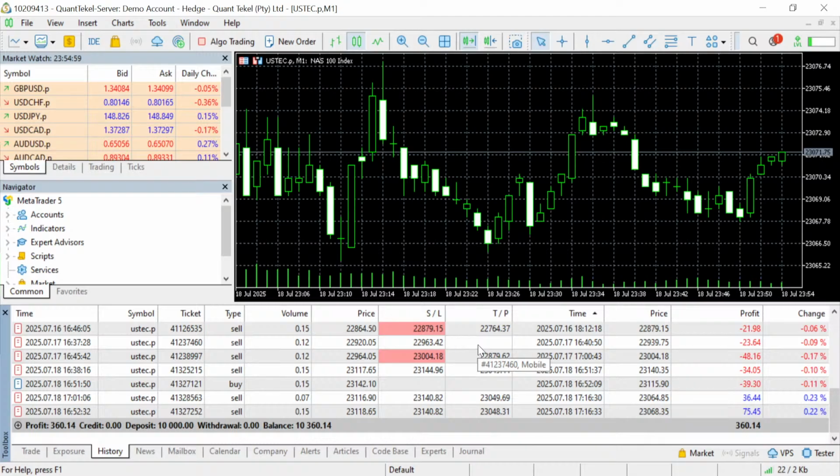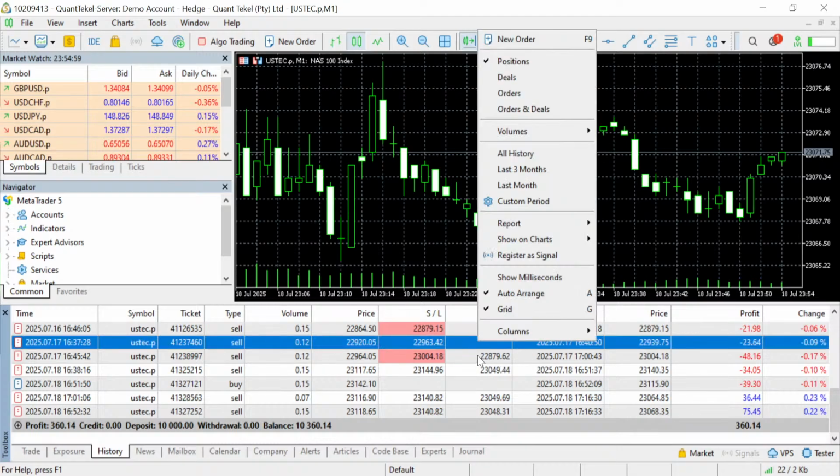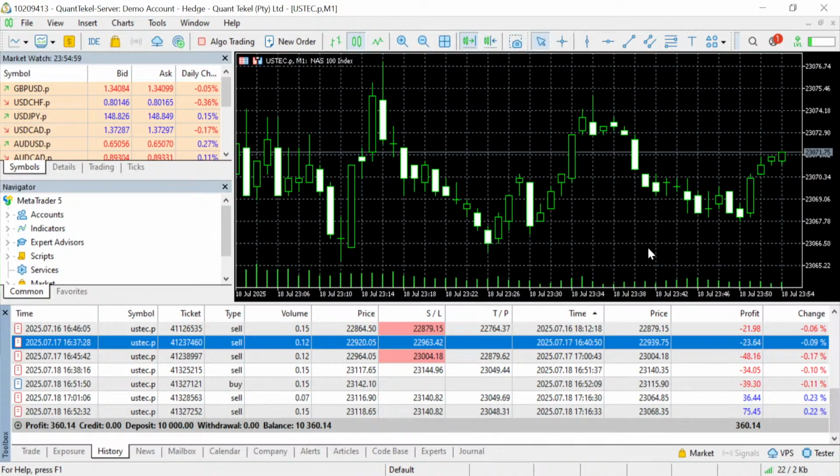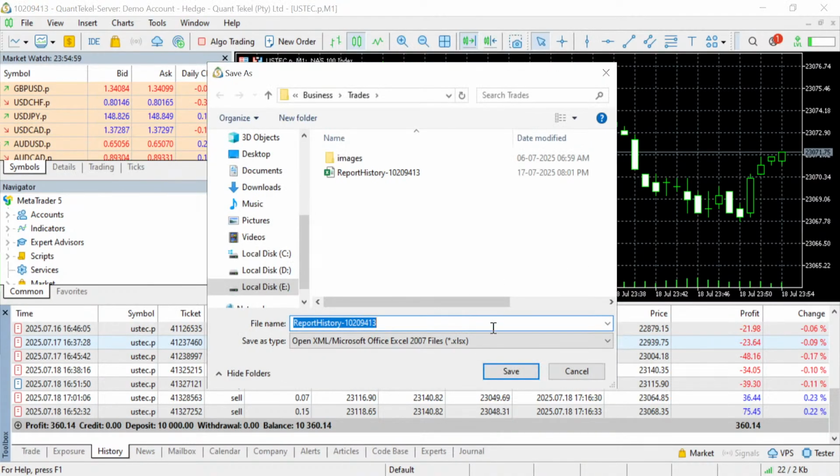So all you have to do is just right click here and go to reports. Okay, and click on open XML MS Office Excel 2007. So if you click on it, all your trades will be downloaded.